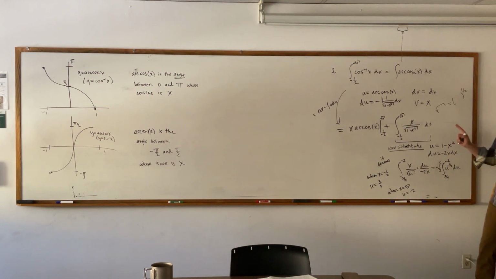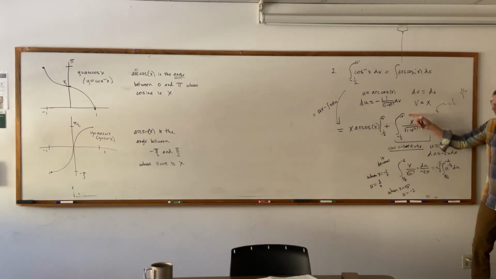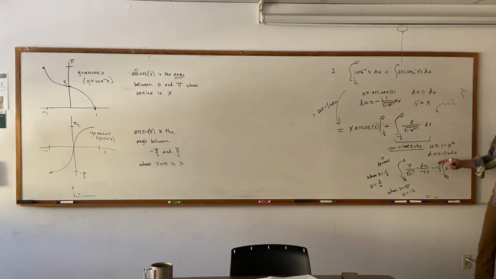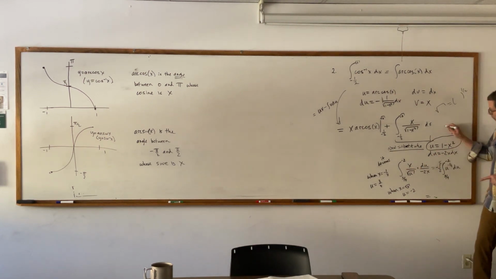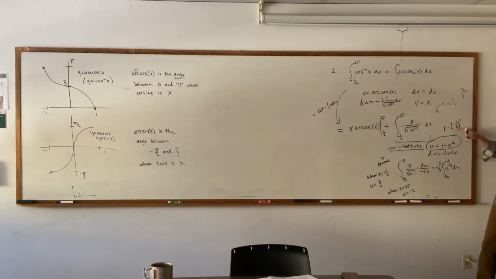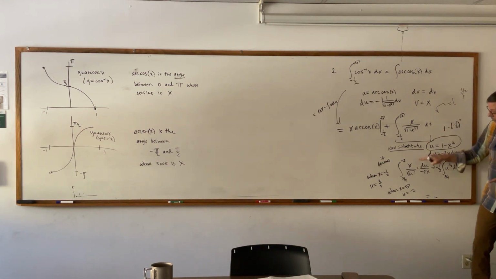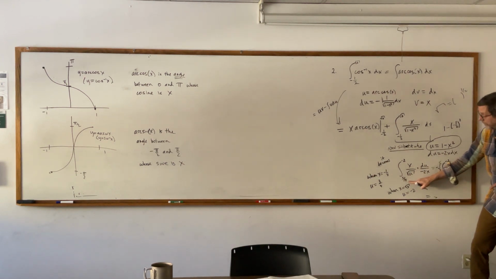Notice that when you do substitution with a definite integral, don't go back, do the limits. So when x is negative 1/2, U will be 1 minus negative 1/2 squared, so that's 1 minus 1/4. That's where the 3/4 came from.